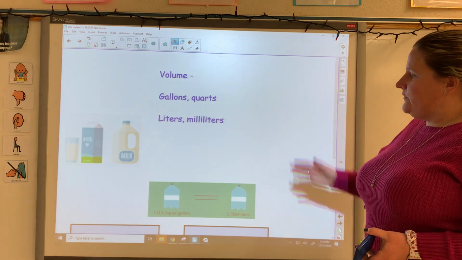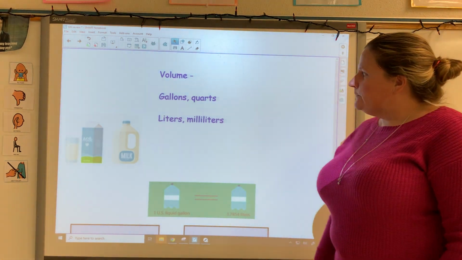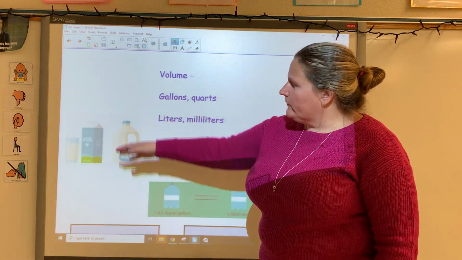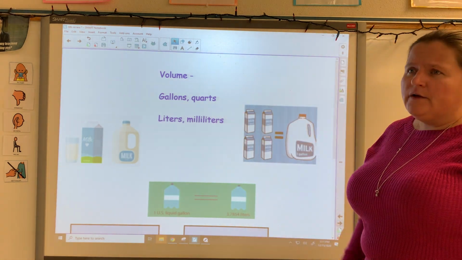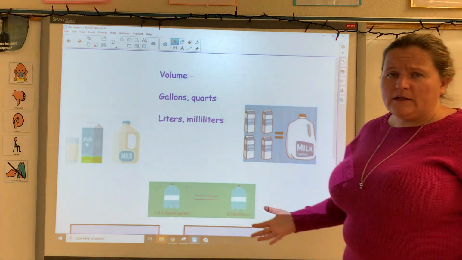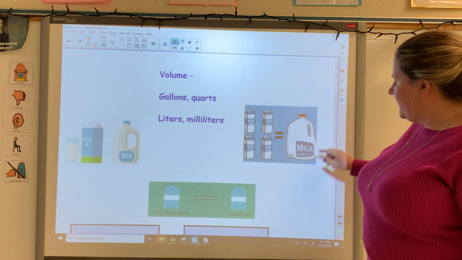And one last place you might see measurement is with volumes. You can go to the grocery store, you buy a gallon of milk, or you could buy a quart of milk. Sometimes milk comes in liters and milliliters. 4 quarts is equal to a gallon. Just different ways to measure my volume, or amount of liquid, that's in the container.